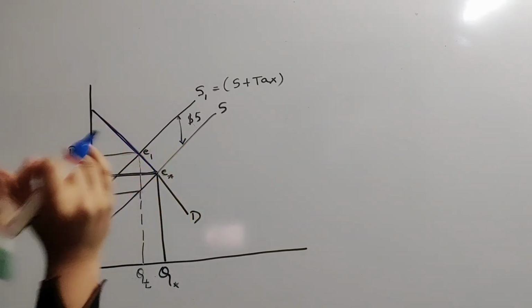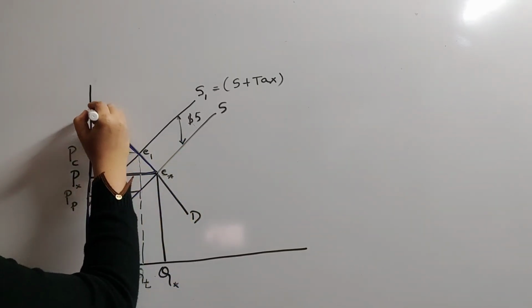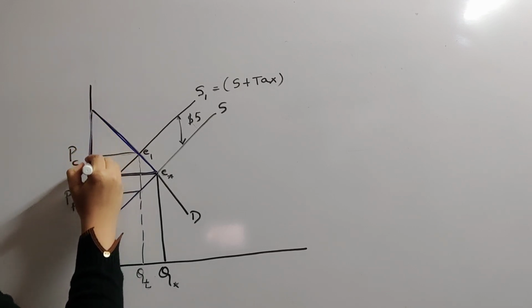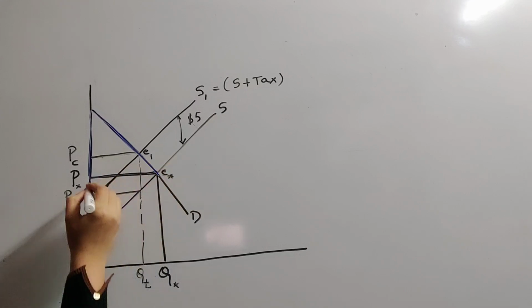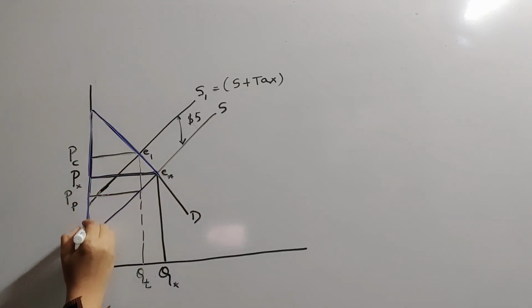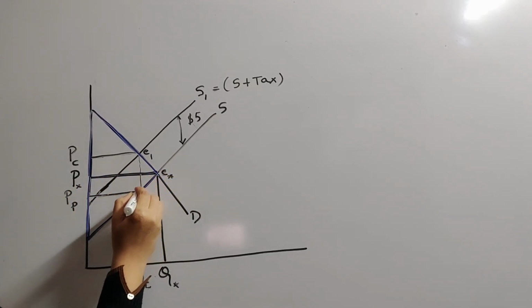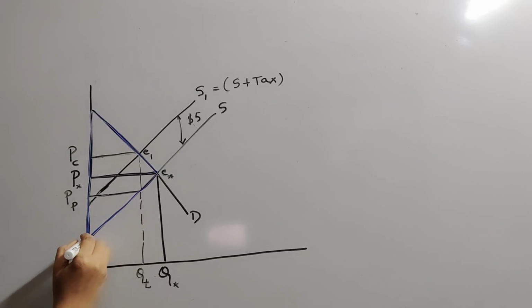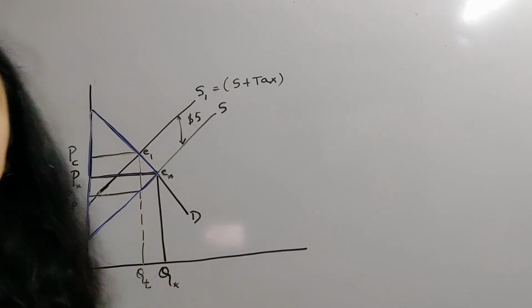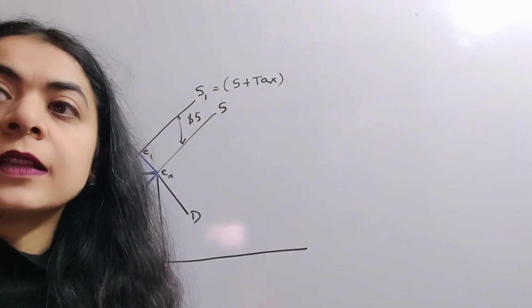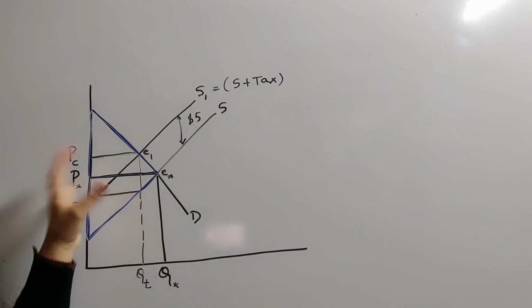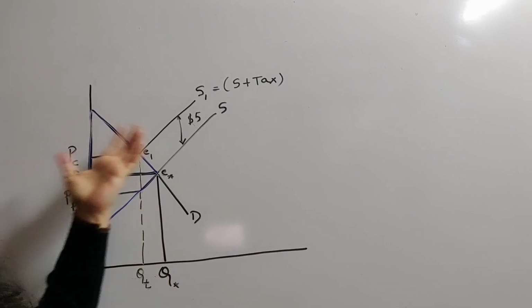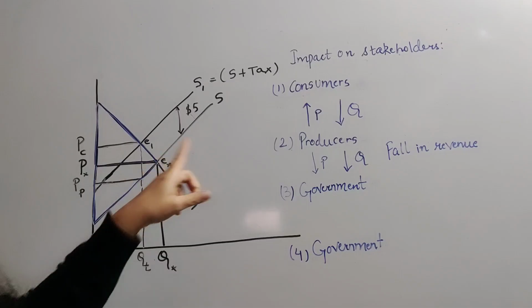So when the tax was not imposed in the market, this portion represented consumer surplus, and this portion represented producer surplus. But now since the tax has been imposed, there is a loss in both consumer and producer surplus, though the government here has gained in terms of revenue because of this specific tax.